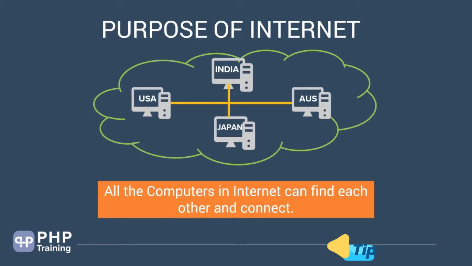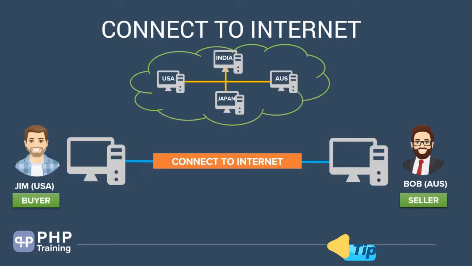Okay, so let's look at what is the purpose of the internet. All the computers in the internet can find each other and connect. That is the only purpose that the internet exists. So let's take a step back. Now let's understand Jim and Bob's problem. Well, Jim's computer is in USA and Bob's computer is in Australia.